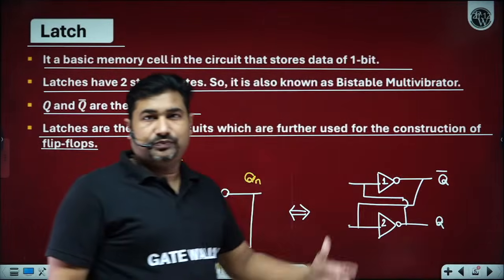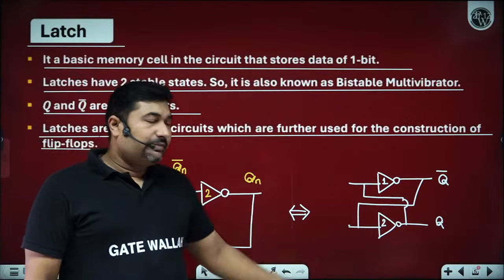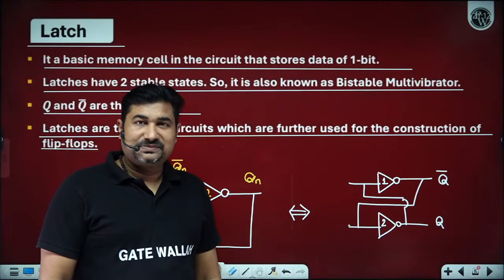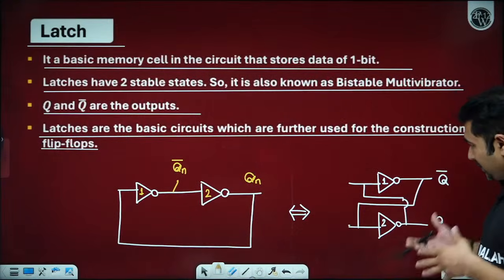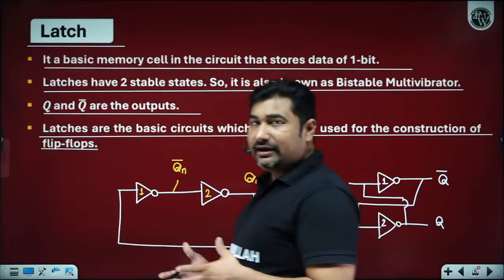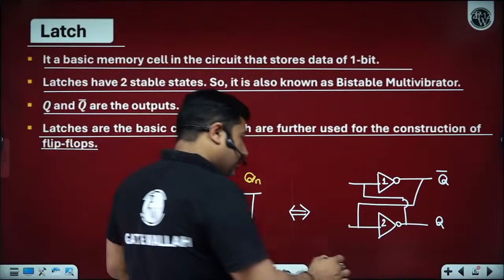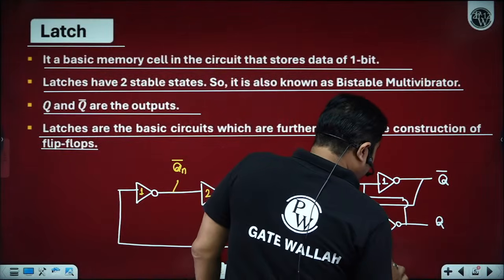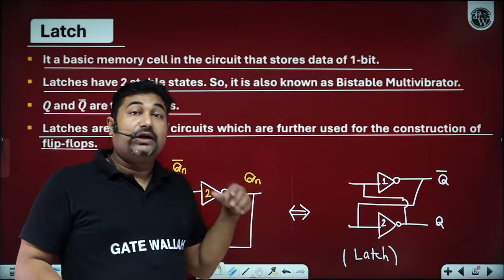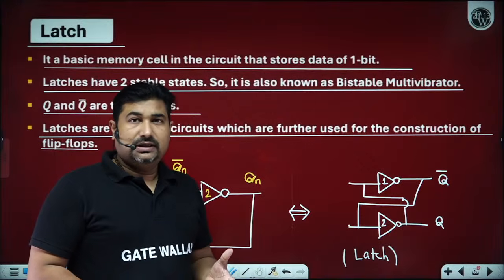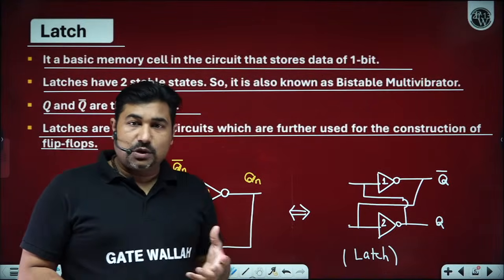There is no issue. But the issue is, if we design a latch, this is what we call a latch. If we design a latch by using NOT gates, then we don't have any control over the latch.